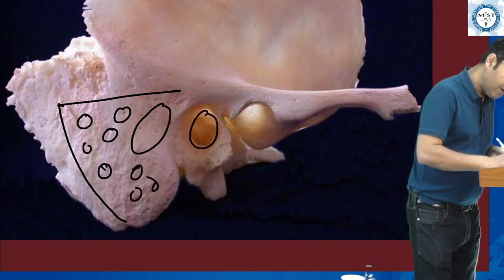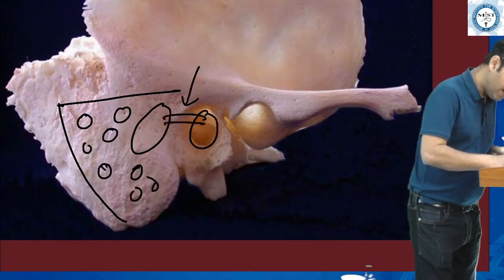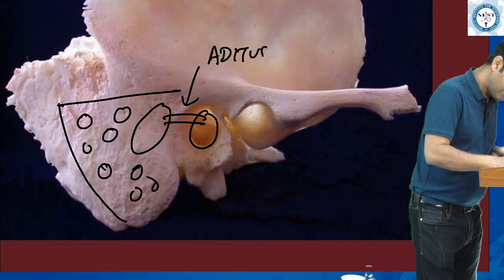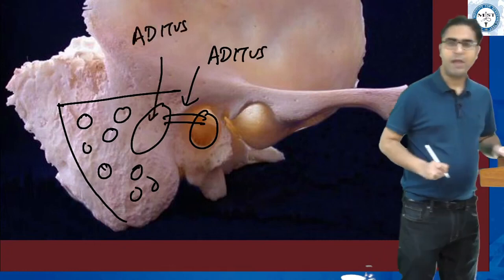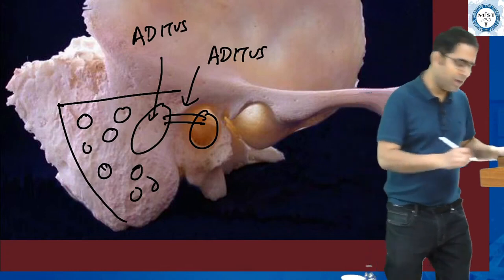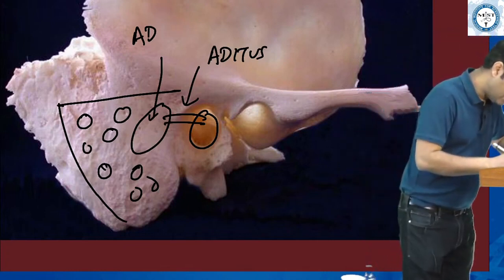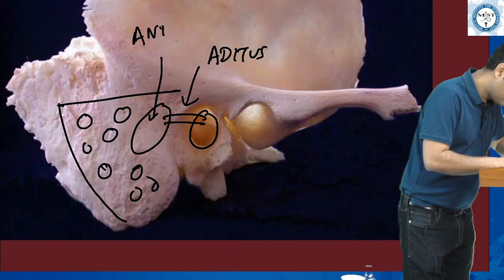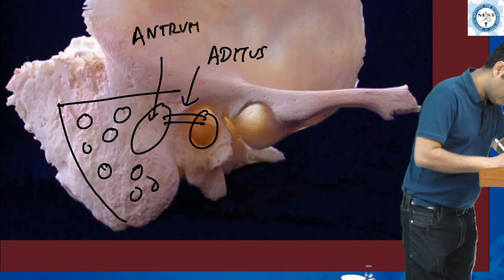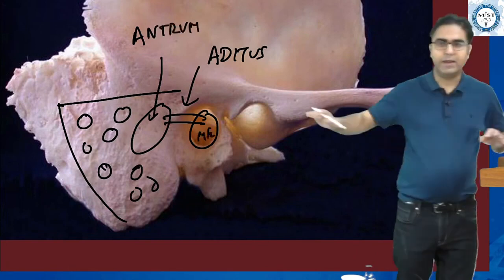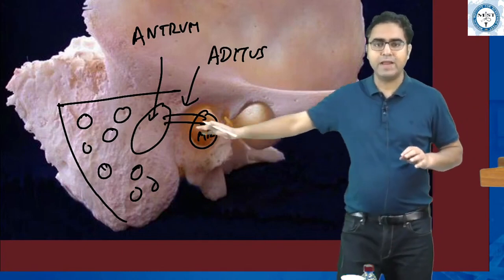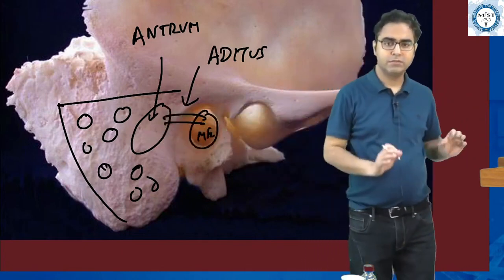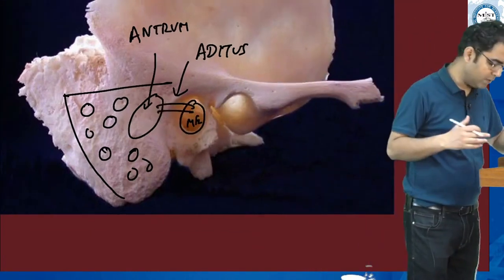This is the middle ear here, and they are connected by a channel called aditus. Just imagine what is really happening there. Oh, sorry, this is antrum. Antrum is the largest cell. It's connected to middle ear through a channel called aditus. Inside there is a connection between middle ear and antrum, and that channel is called aditus. Is it clear? This is a hollow bone, beta.